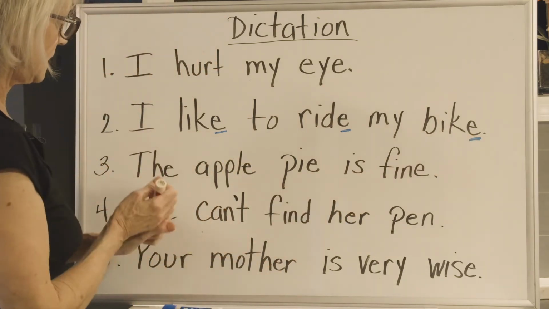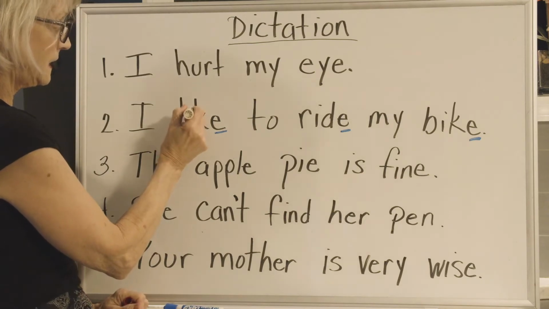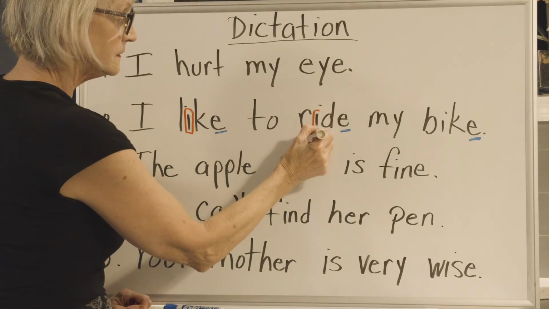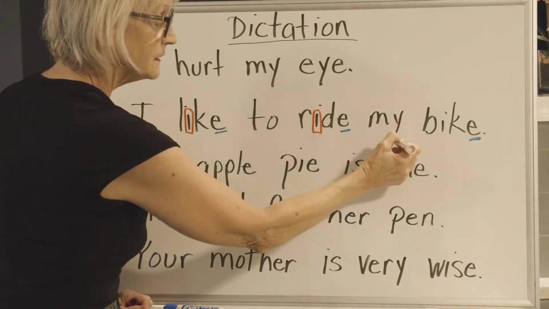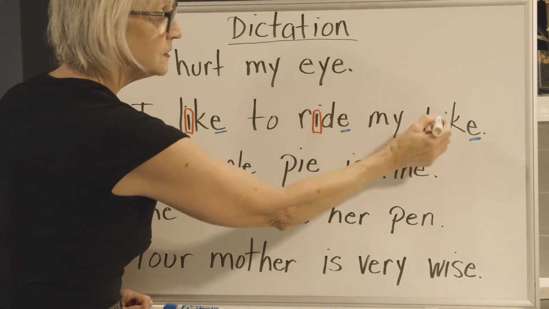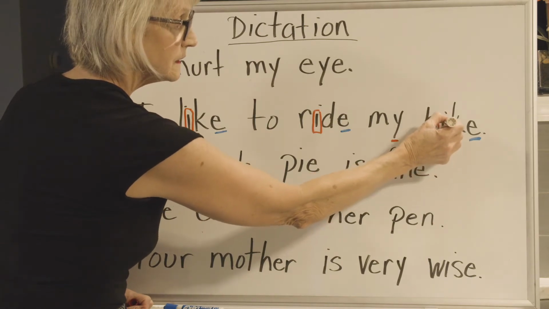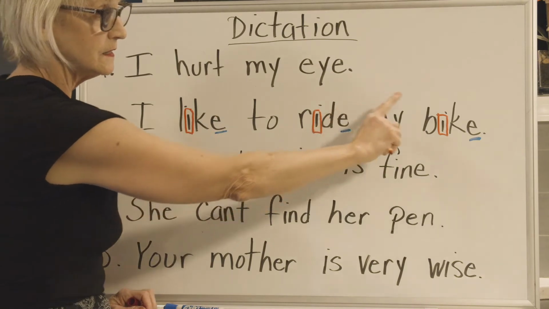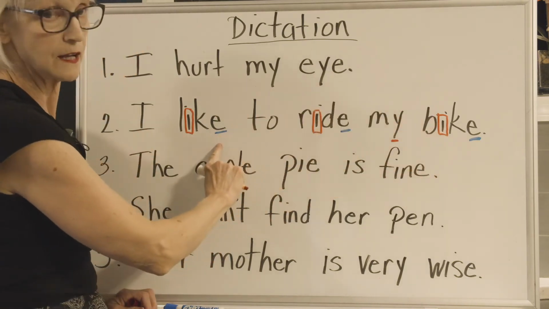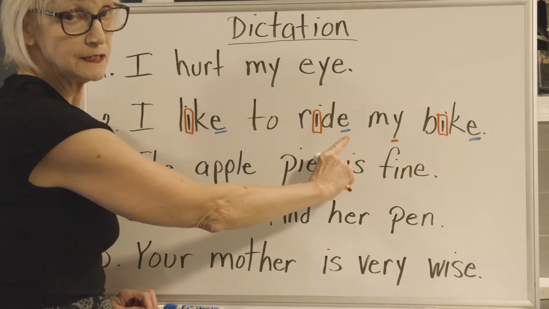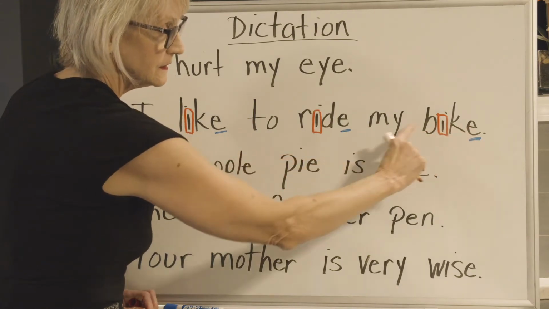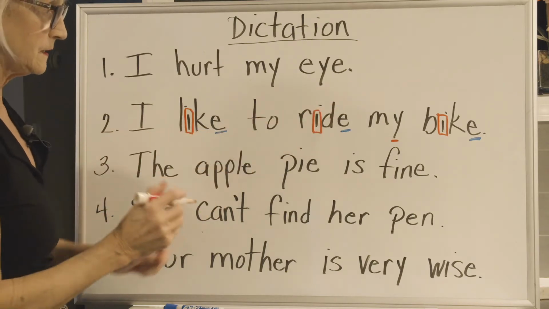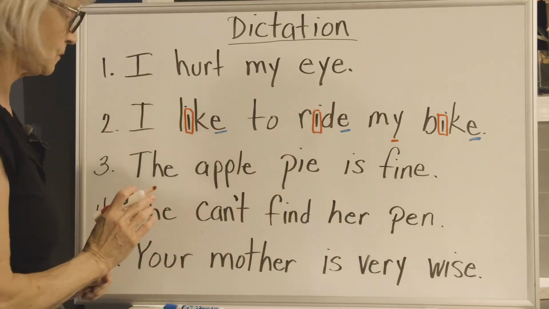But we hear the I. I like to ride my special Y, bike. Long I, long I, long I, silent E, silent E, silent E, and there's your Y. I like to ride my bike, and we'll talk about this in a minute afterwards.